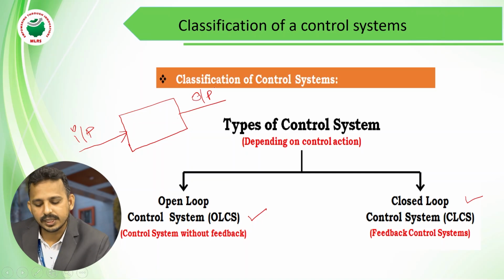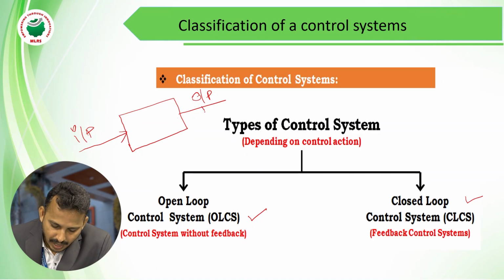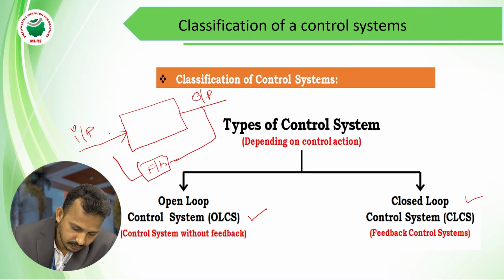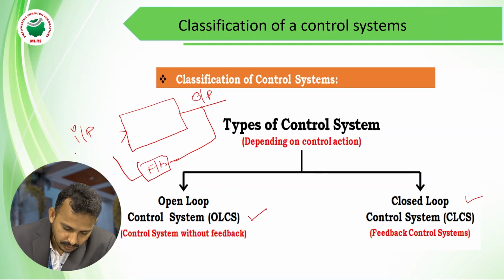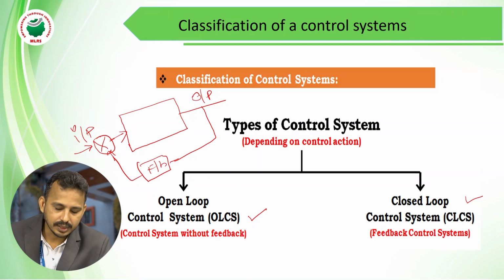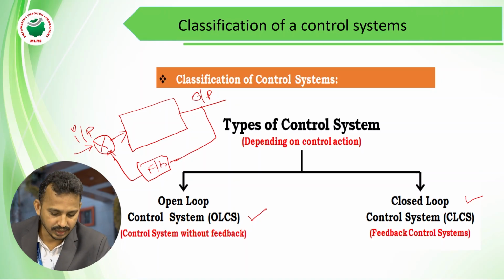This output may or may not be the desired output. If I connect a feedback from the output to the input, then I am able to see the exact output situation.